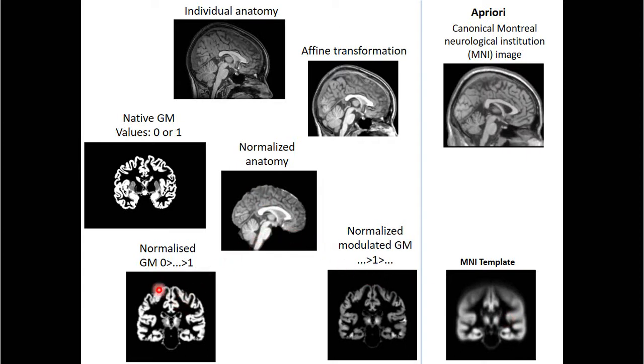Then you get normalized gray matter, which is more or less the same color everywhere, but very different in geometry from the native. And this is the same geometry, but different brightness in different parts as a function of the deformation. This is the normalized modulated.